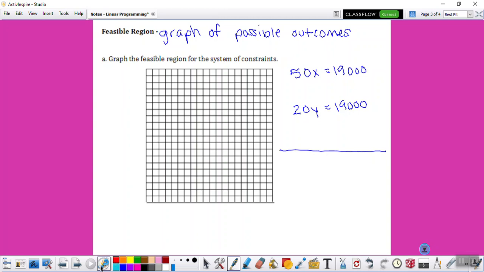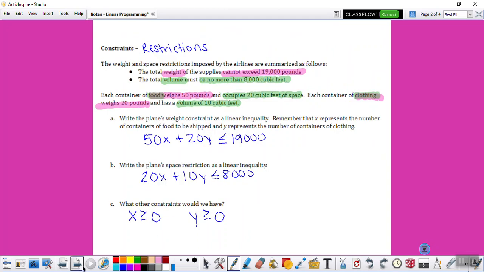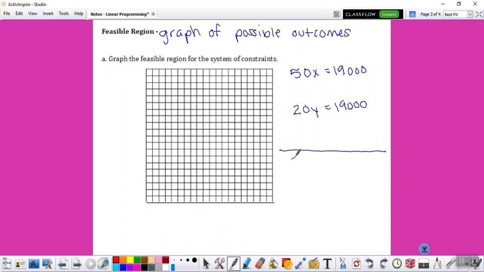And then for our other line, 20x equals 8,000, and 10y equals 8,000. So if we solve all these by just dividing, here x would equal 380, and here y would equal 950. Here x would equal 400 and y would equal 800.